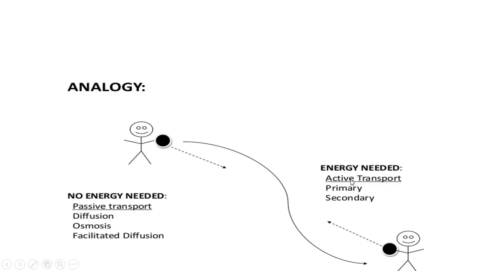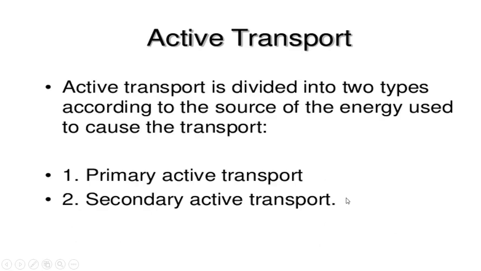That means we have to spend our currency, our money, we have to empty our pocket, and the currency in the cell is ATP, adenosine triphosphate. We have to spend our ATPs. Active transport is of two types, primary active transport and secondary active transport. Let's see the details of all these things.